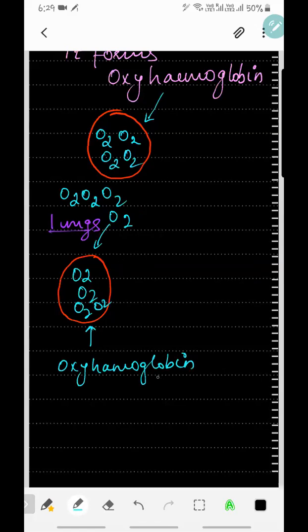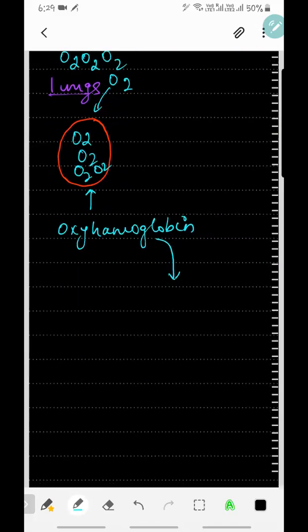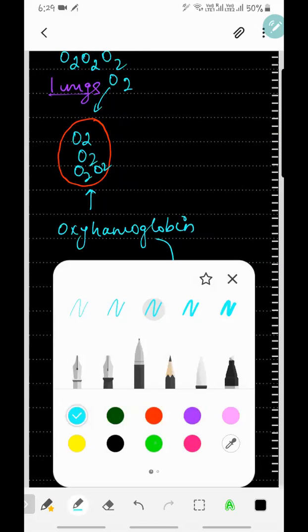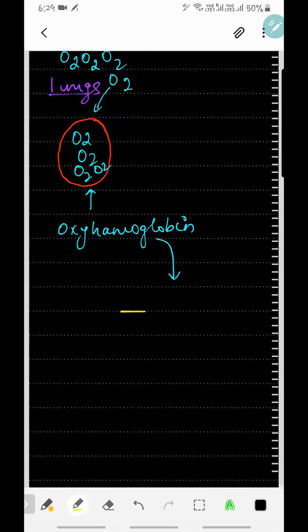Now what will happen? This oxyhemoglobin will travel to the organ. Let us say cells of liver.